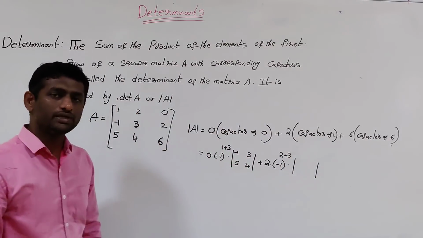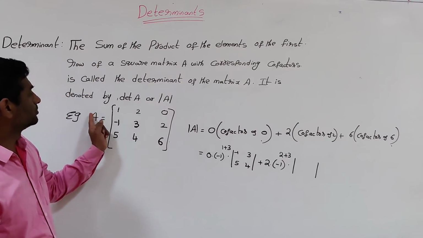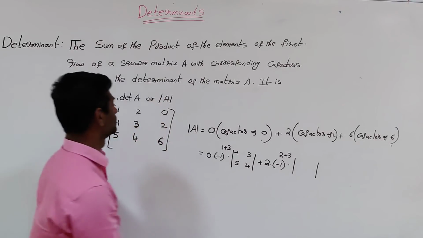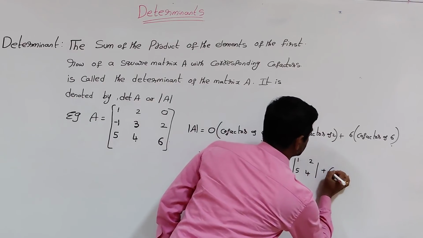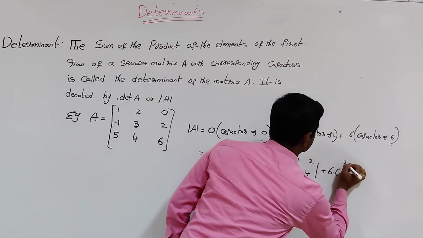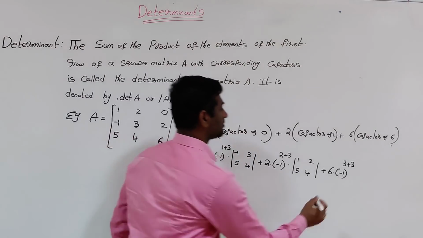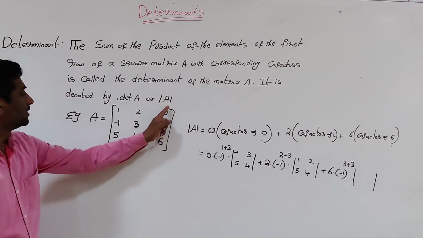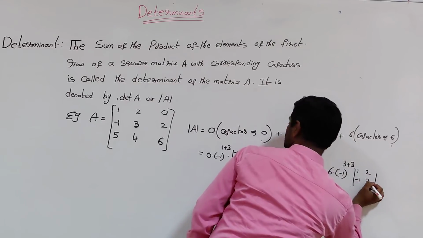That minor of 2 gives the determinant of a 2 by 2 matrix. After hiding the 2, you will be left with 1, 2, 5, 4. Plus 6 into minus 1 whole to power of 3 plus 3, because it is located in third row and third column, and the minor of 6 will be a determinant of, after hiding this row and column, 1, 2, minus 1, 3.